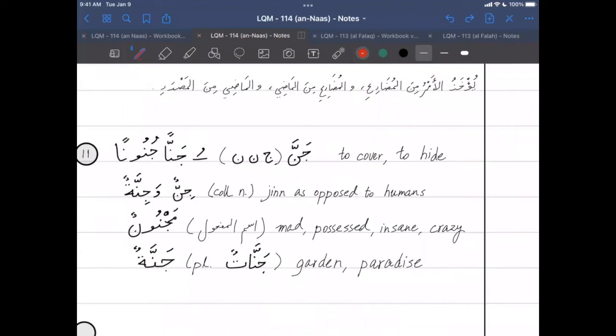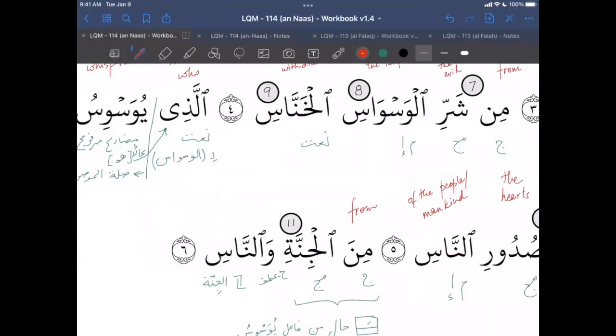The words jinn and jinnatun are both collective nouns meaning jinn as opposed to humans. The word majnoon is an ismul maf'ul, meaning mad, possessed, insane, or crazy. And from the same root, the word jannah, jannatun with a fatha on jim, plural jannatun, means garden or paradise.